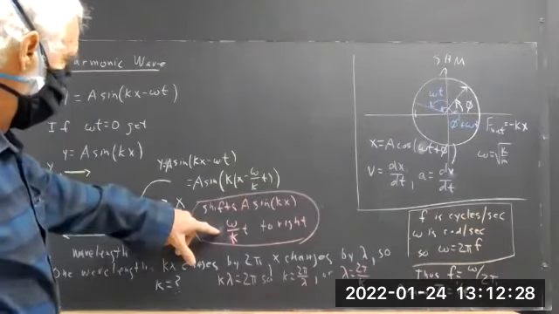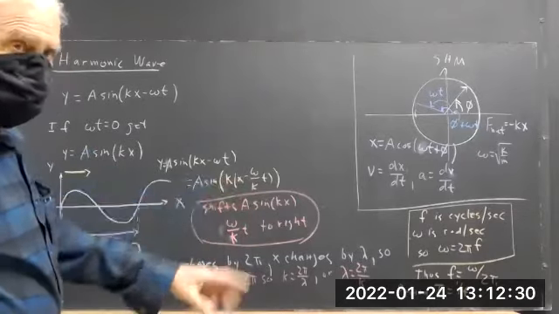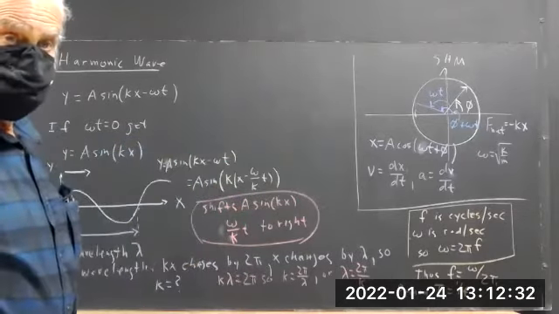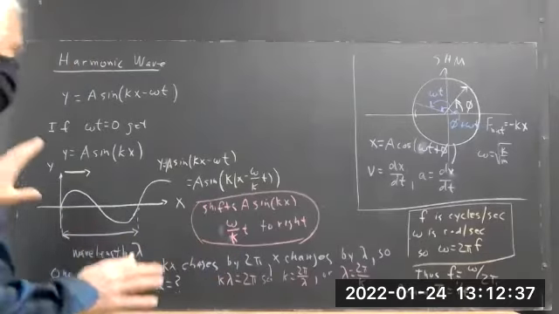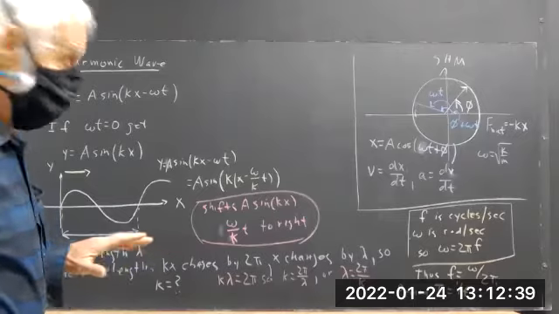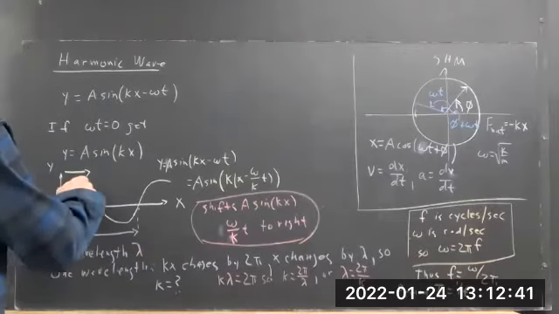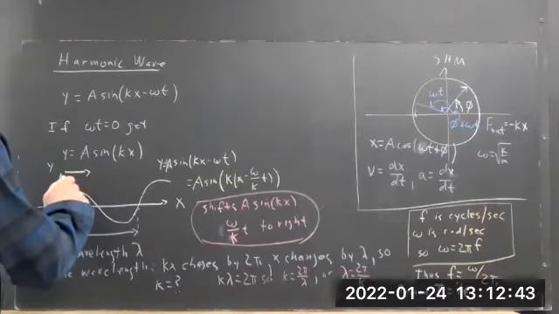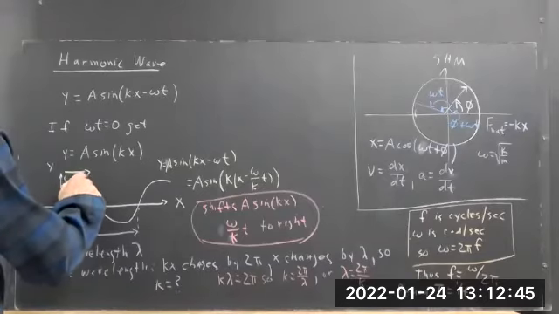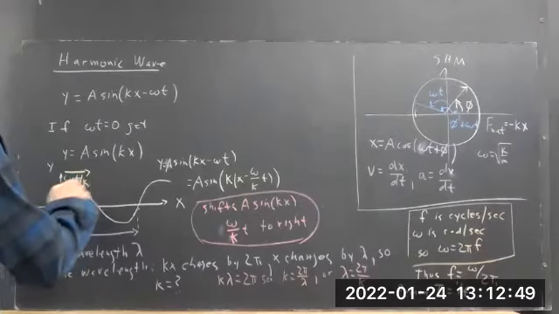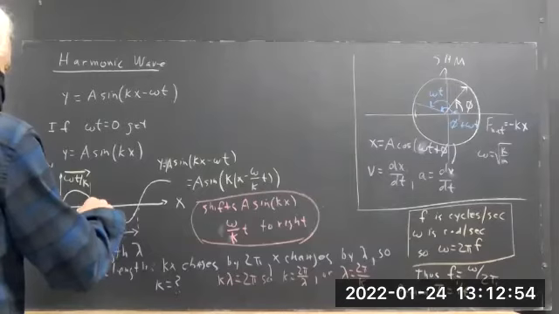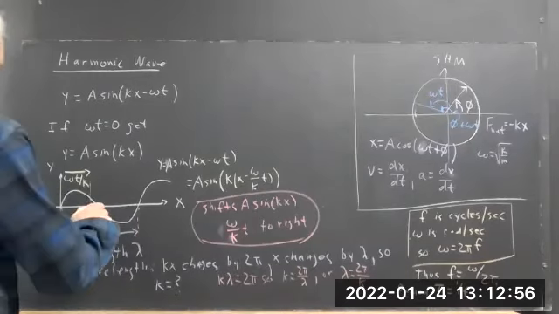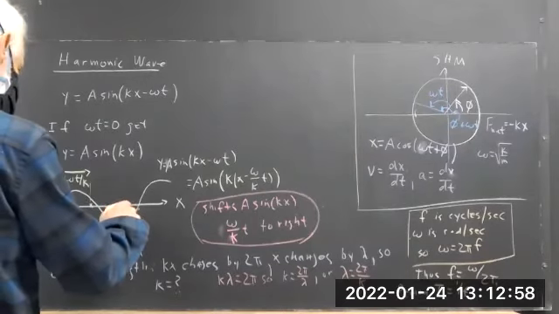If you subtract from x, that moves everything to the right. I can tell you why, but you just need to work it out. You need to get that. So what we have here is the distance omega t over k. The graph moves that distance to the right. So every point moves that distance to the right.